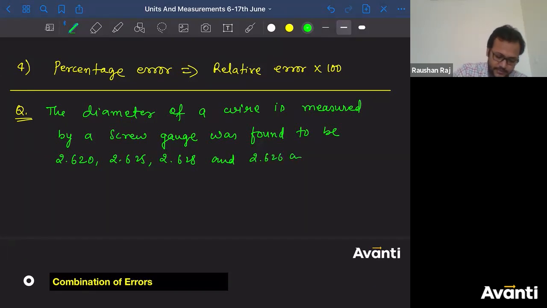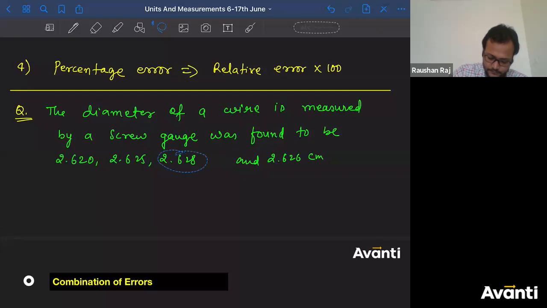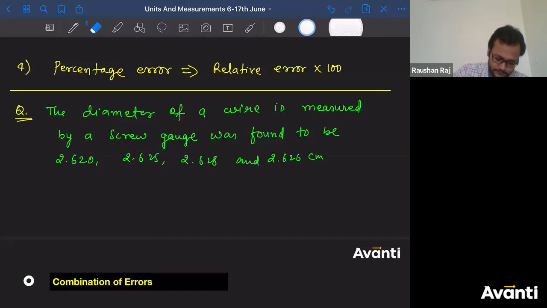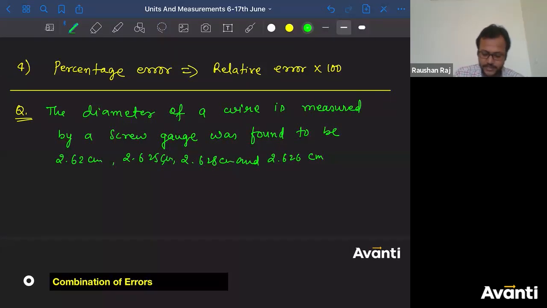All of them are in centimeter. ठीक है? So these are the measurements that we have got. So diameter of wire is measured by a screw gauge. Was found to be 2.62 centimeter, 2.625 centimeter, 2.628 centimeter, and 2.626 centimeter. All right.